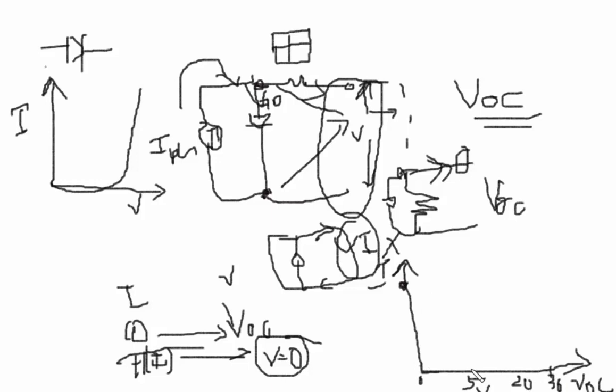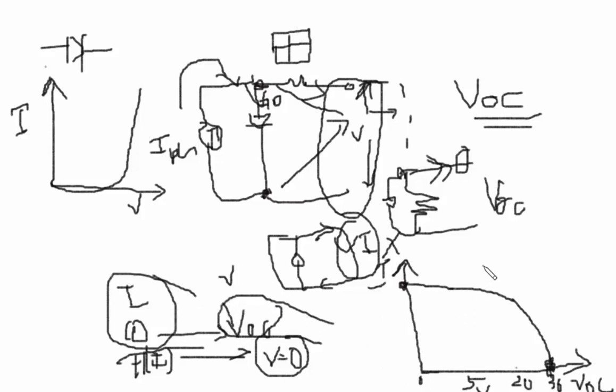When voltage is 5, it starts decreasing. When it is 20, again it starts decreasing. When it reaches 36, current reaches 0. So when voltage is maximum, current is 0. This is the IV curve of the solar cell.